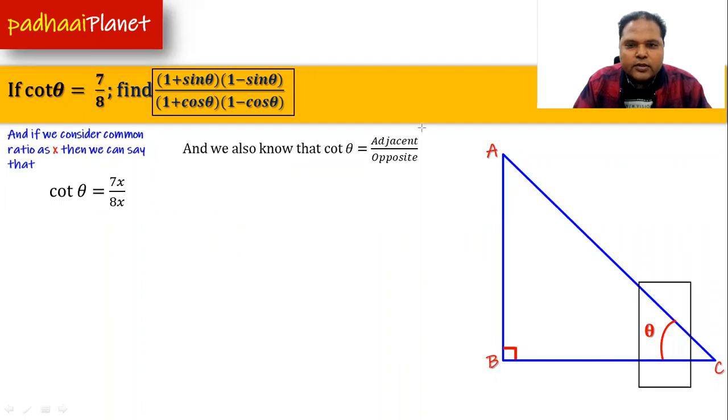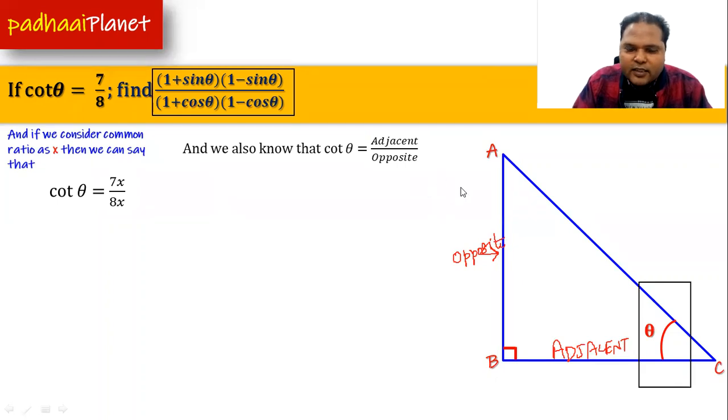So if this is theta, then the adjacent is going to be the base of the triangle, which is this one. And the opposite is always the one which is bang opposite to the angle we are talking about. So our AB, this one, is going to be the opposite.